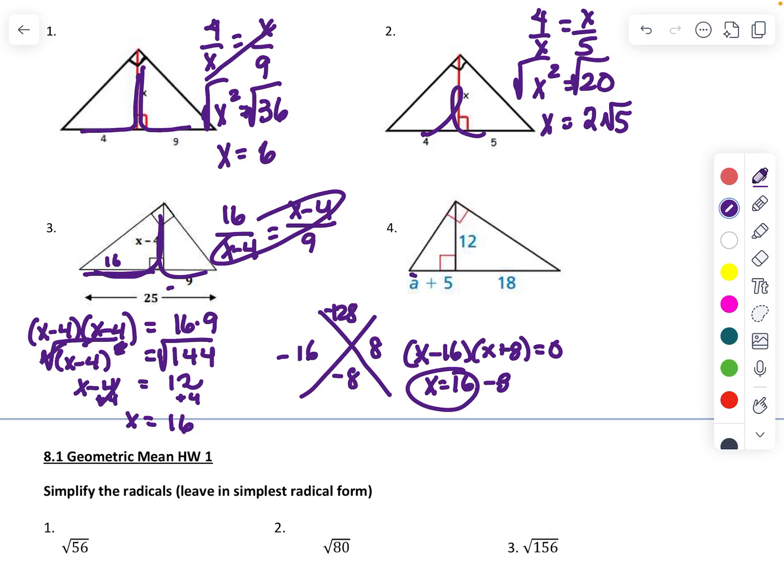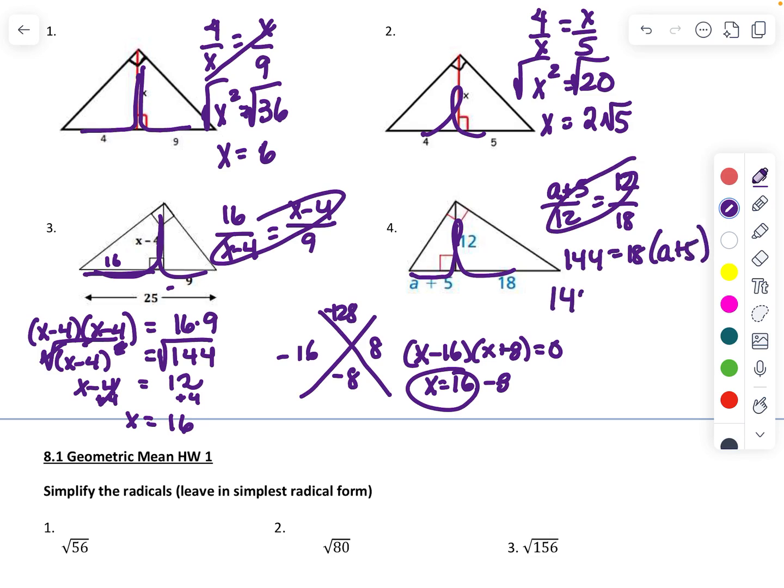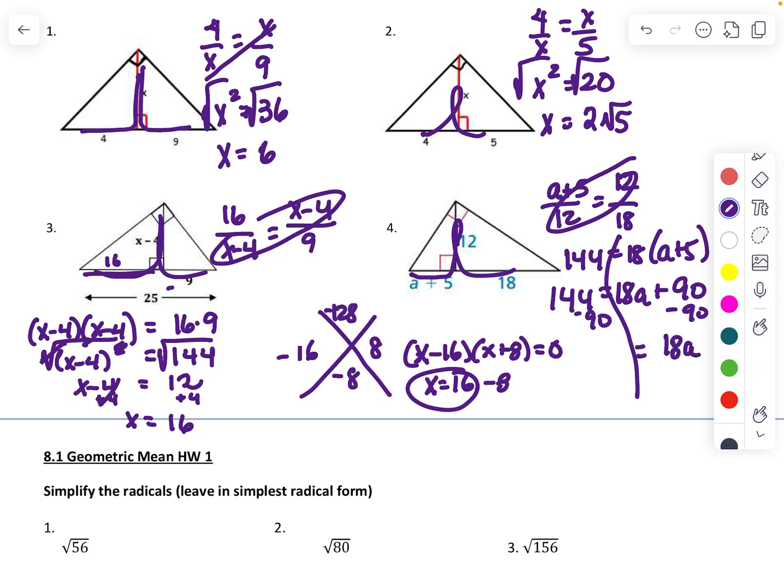Okay, and for this final one, we're going to say a plus 5 over 12 equals 12 over 18. 144 equals 18a plus 90. Subtract that from both sides. And we have 18a equals 54. So a equals 3.